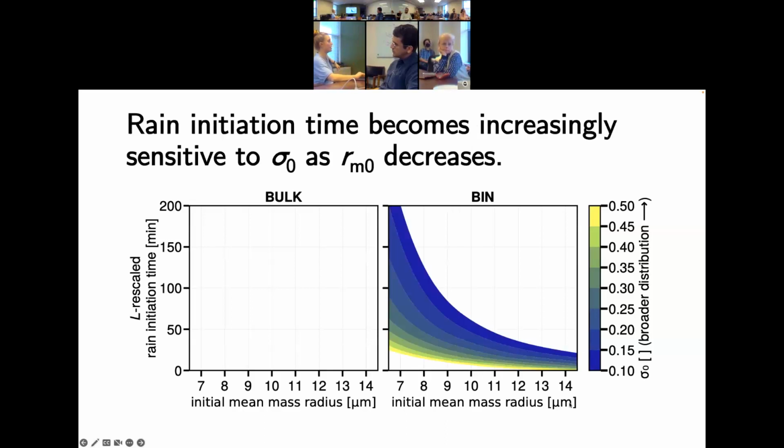And this x-axis is showing our initial condition for the average mass drop radius. And so basically what we can see is as we move towards smaller initial average drop sizes, the dependence of how fast we form rain on how wide the distribution is starts to drastically increase.